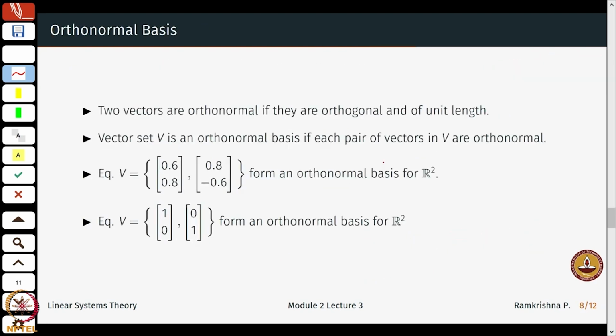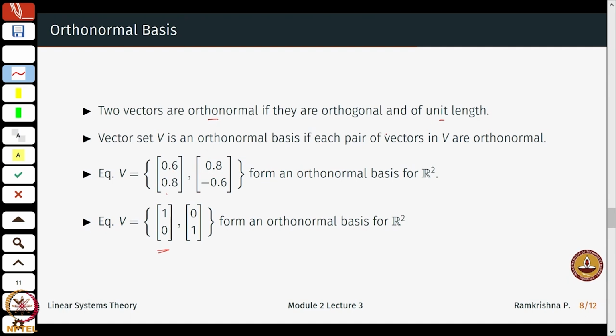Okay, an important class of these bases are what are called the orthonormal bases. So, two vectors are orthonormal if they are orthogonal and also of unit length. For example, say these two vectors here, this and this, right? You can actually see that these are orthogonal to each other, that the dot product is 0.